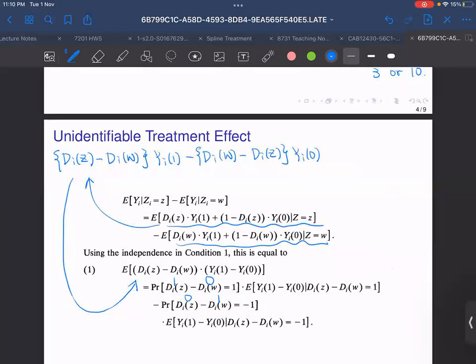And we can already see this is not a reasonable way to compute the treatment effect, because if this is positive, meaning that joining the army always has a positive impact on lifetime income, we actually have a negative sign here, right?